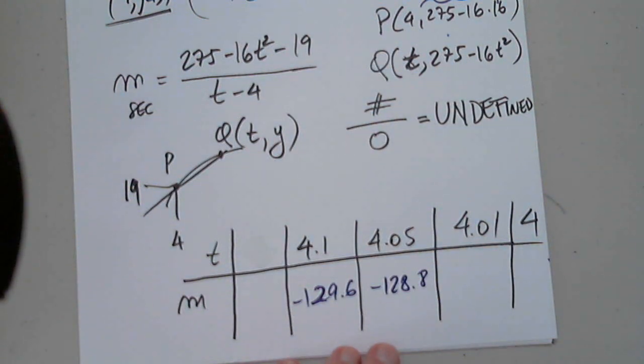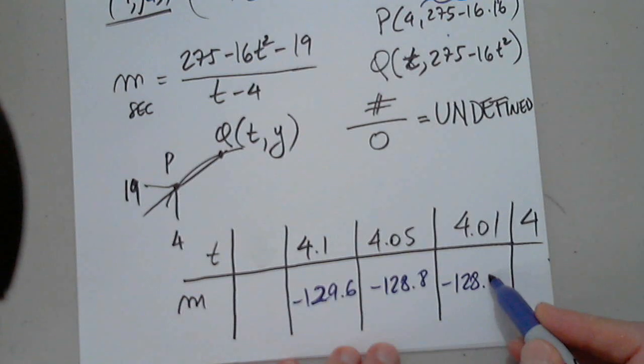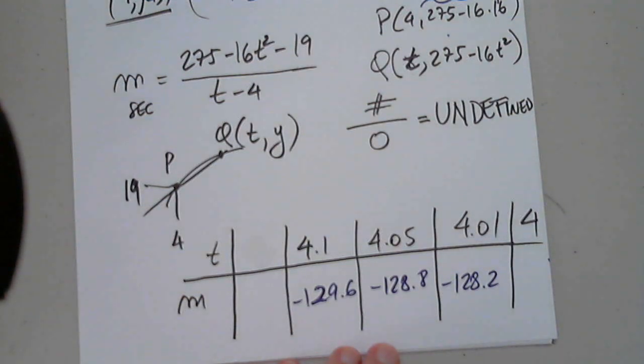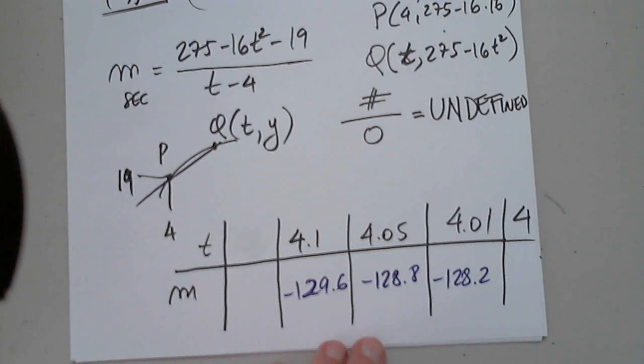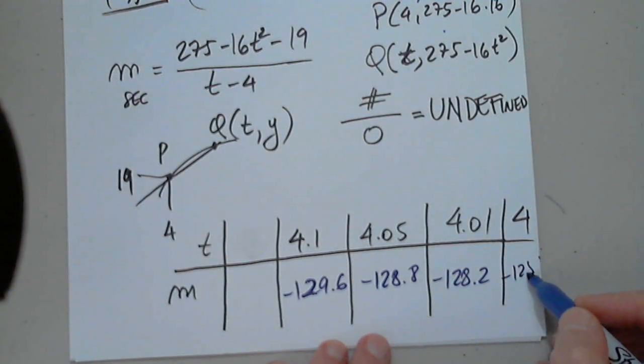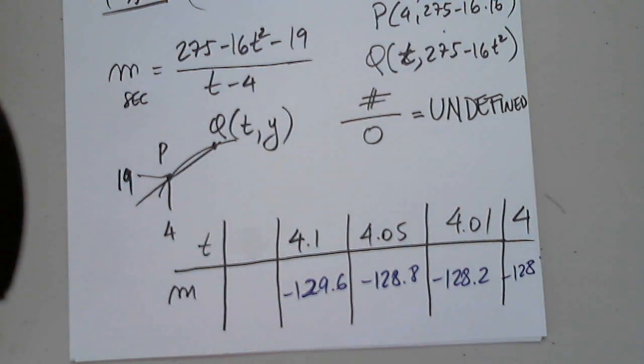The next one is negative 128.2. And can anyone guess what is the slope of the tangent line at 4? Anyone can guess? Negative 128. Thank you very much. Negative 128, indeed.